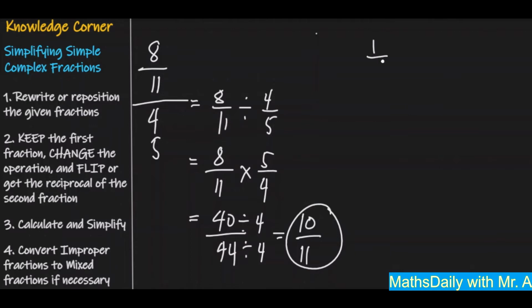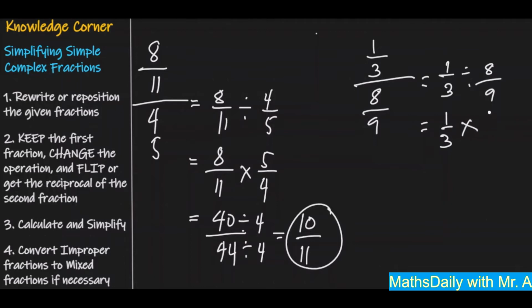Next example. 1/3 divided by 8/9. Let's rewrite this. 1/3 divided by 8/9. Keep the first fraction, 1/3.